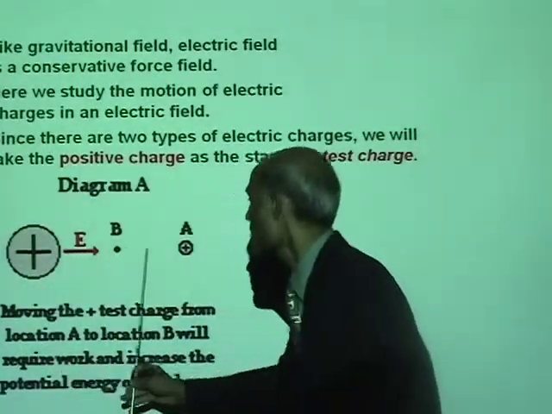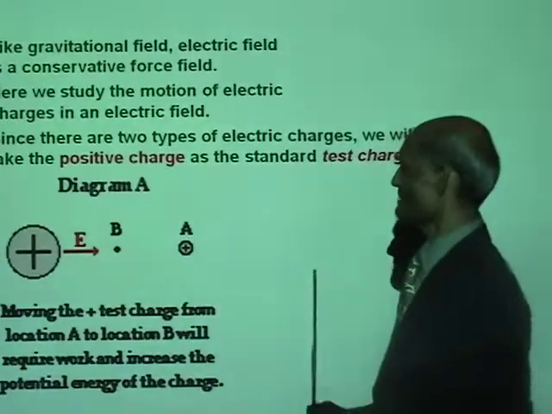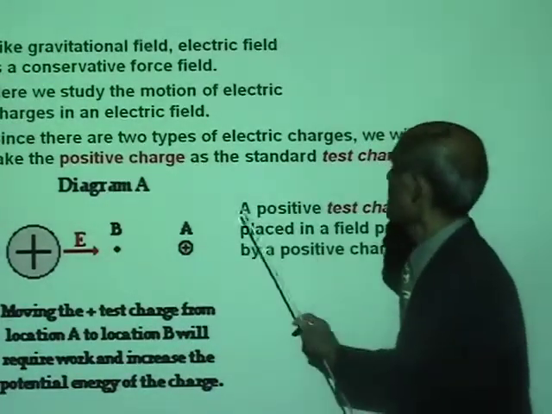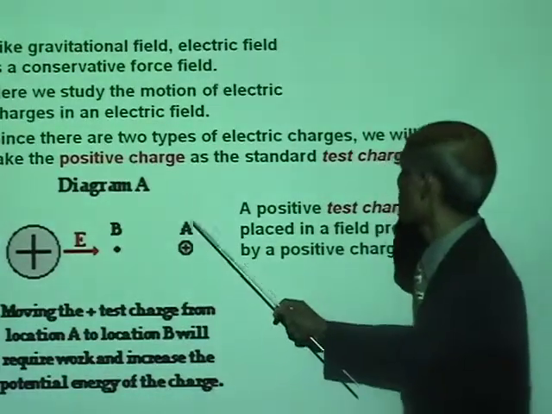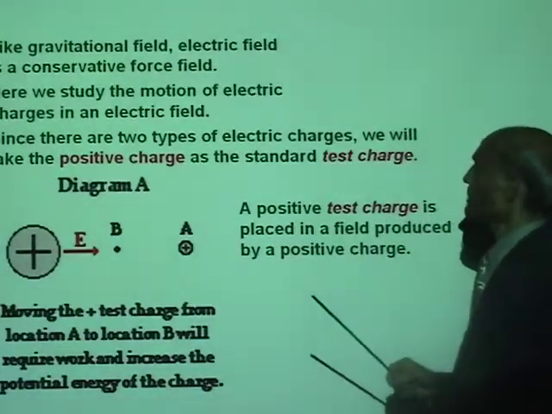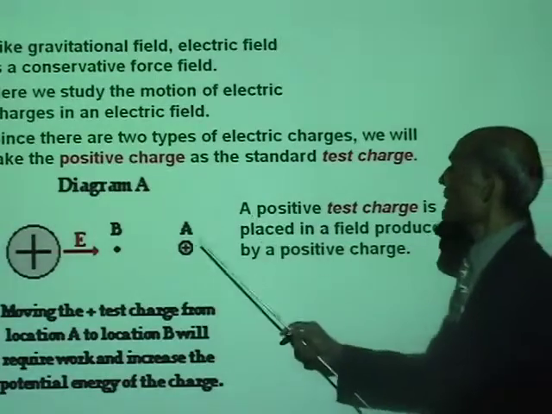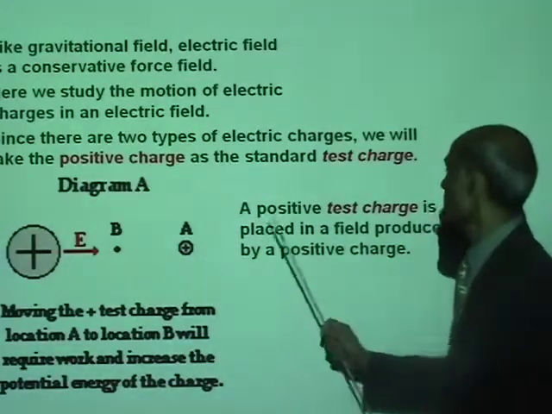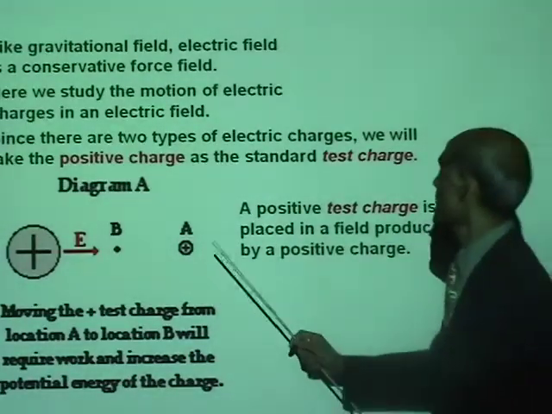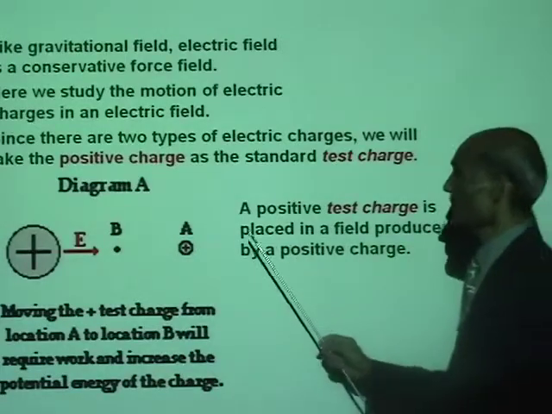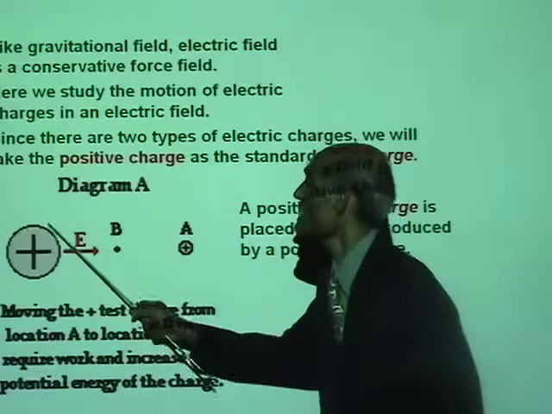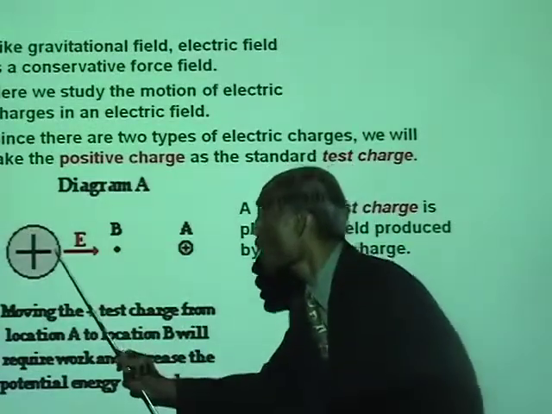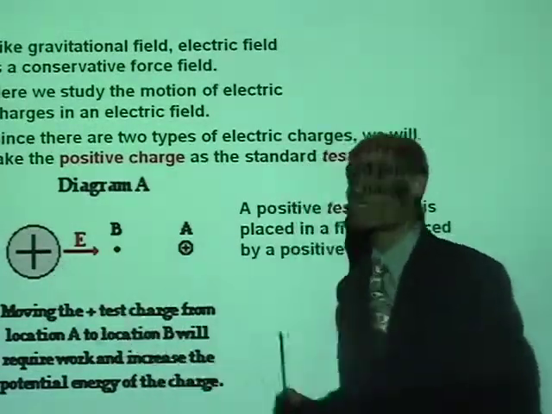Alright. Now here I have the electric field caused by a positive charge. That means the electric field is directed to the right. Now, look at the positive test charge placed at A. We have a positive test charge placed in the electric field caused by a positive charge.